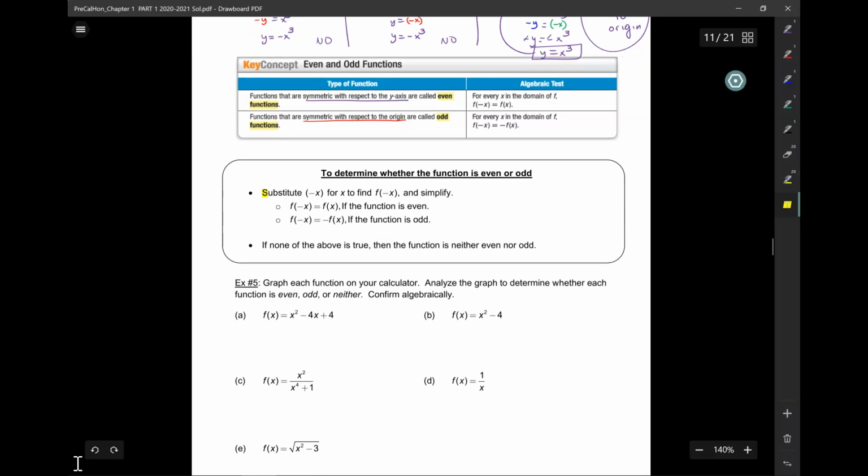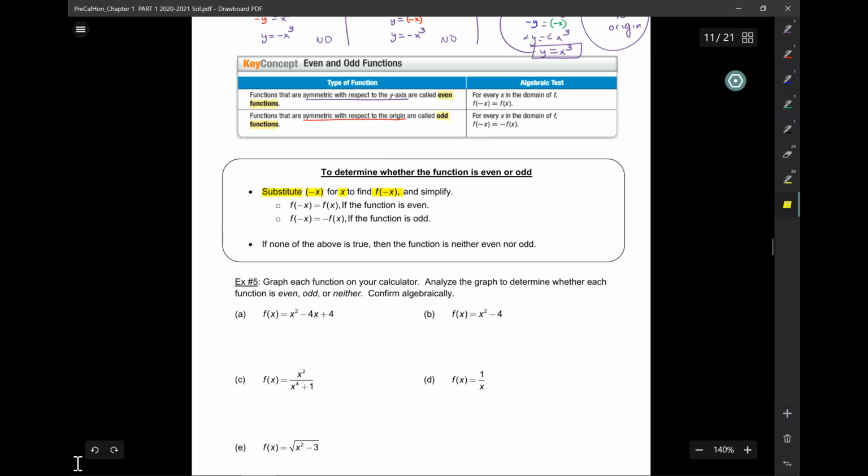You substitute negative x for x, and you find f of negative x. You always start out with the same thing. You always just find f of negative x. If you get the same function back, then the function is even. But if you get the negative of the function, then the function is odd.